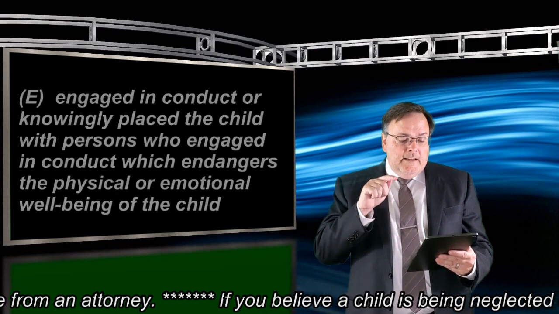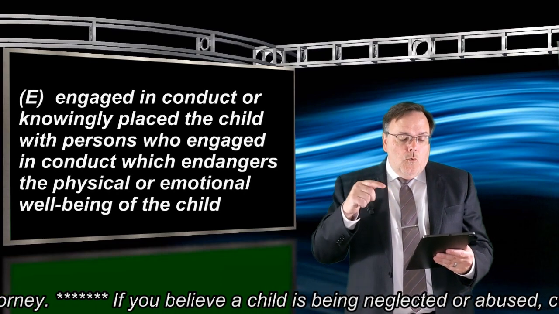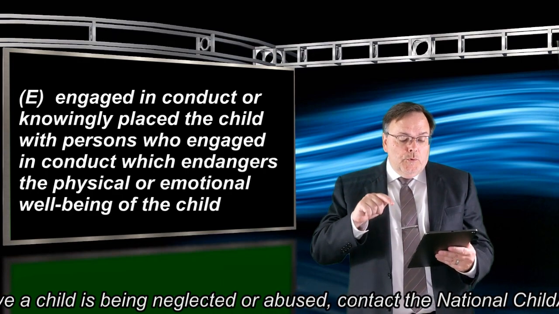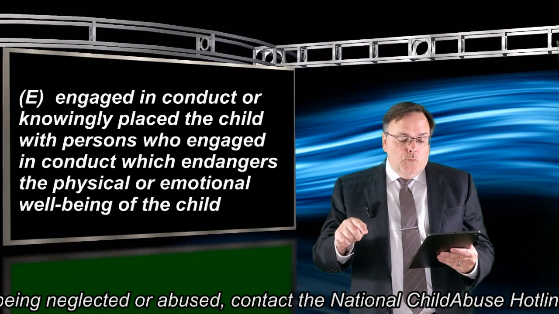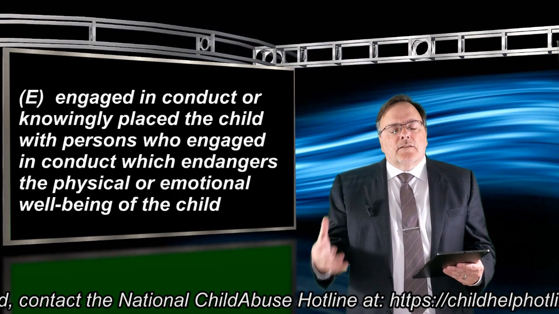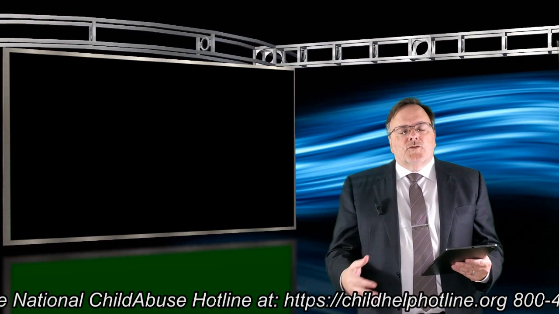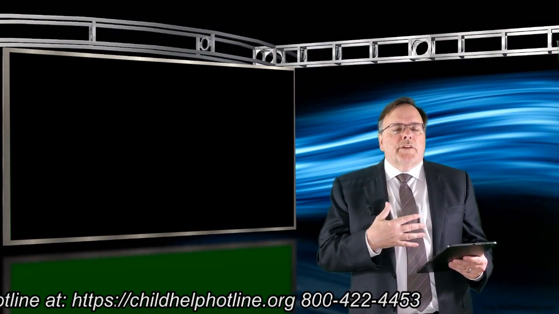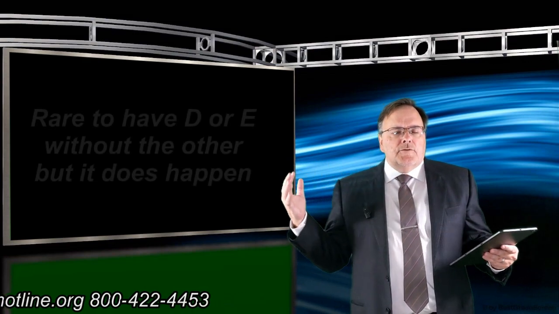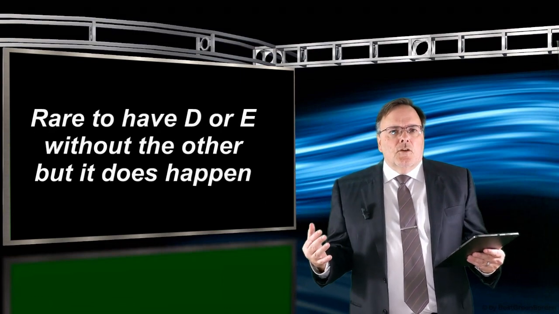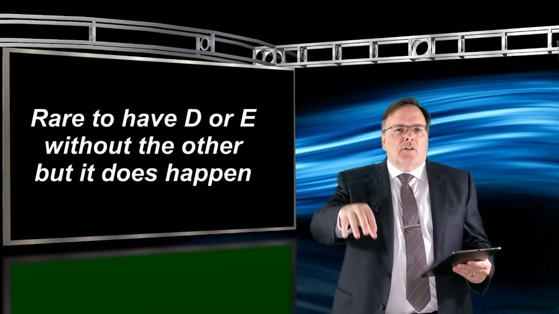Now, E says engaged in conduct or knowingly placed the child with persons who engage in conduct which endangers the physical or emotional well-being of the child. Notice that this talks about conduct specifically. So the difference between the two is, at least in theory, that D is about the surroundings of the child, the conditions, whereas E is about parental conduct.